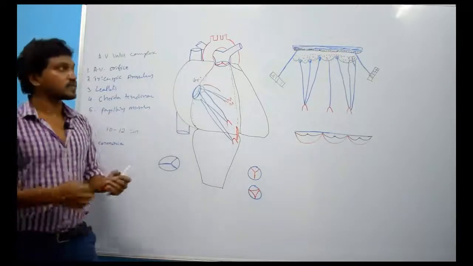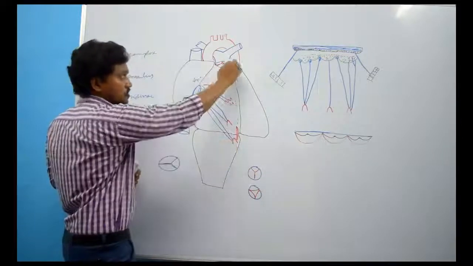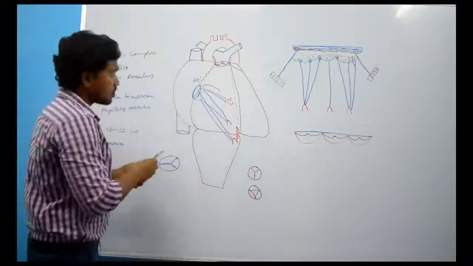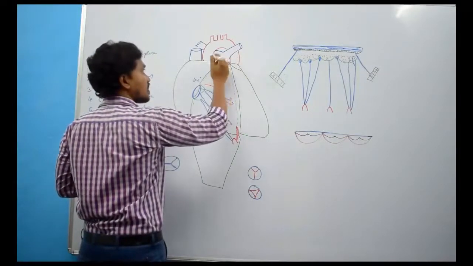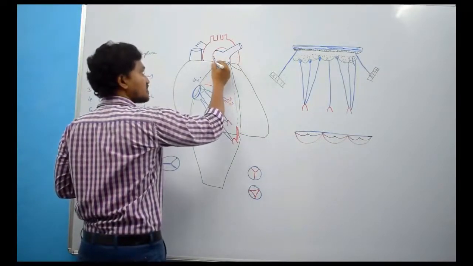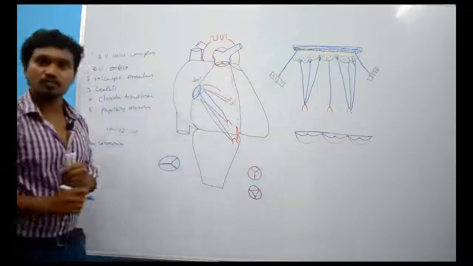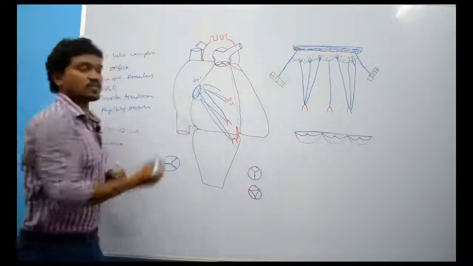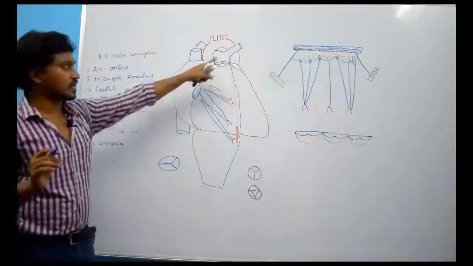Then just above these valves, you can find a small dilatation just above the wall. This dilatation we call the sinus, pulmonary sinus.